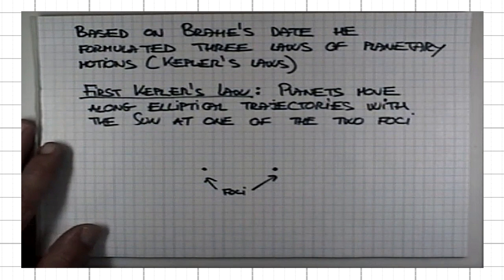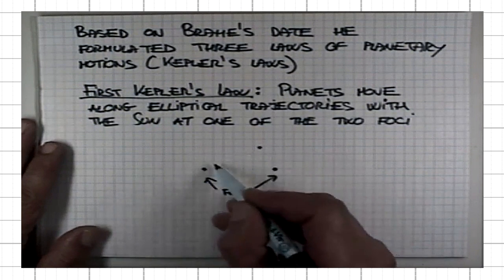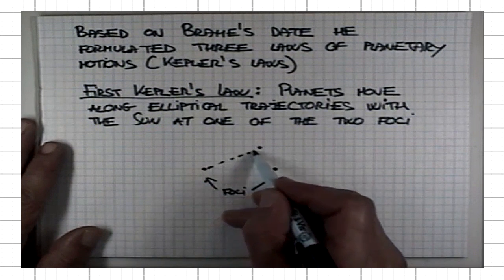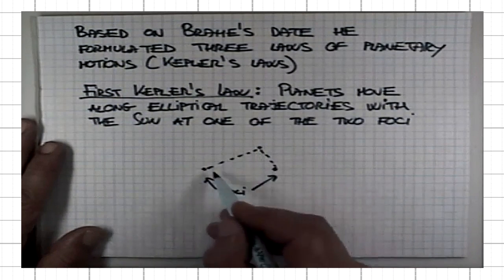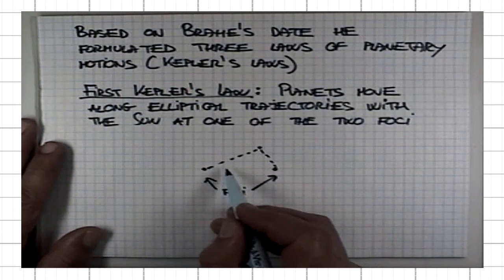And then you want to determine a set of points in the plane such that the sum of the distances of each point is the same for all the points on the curve.